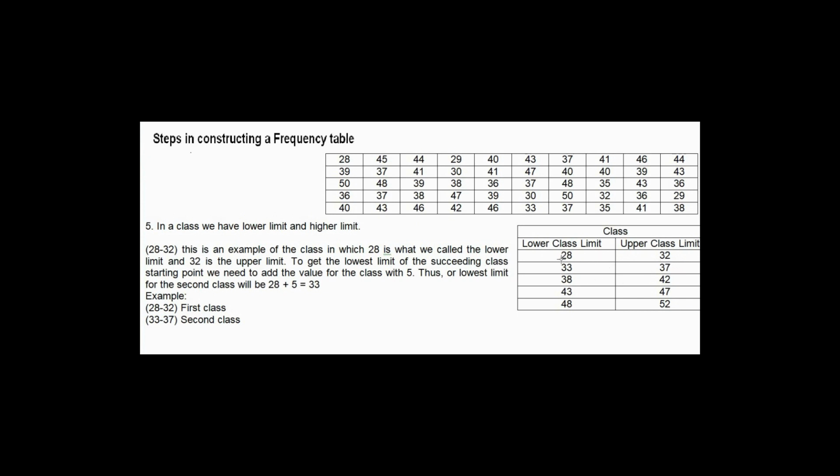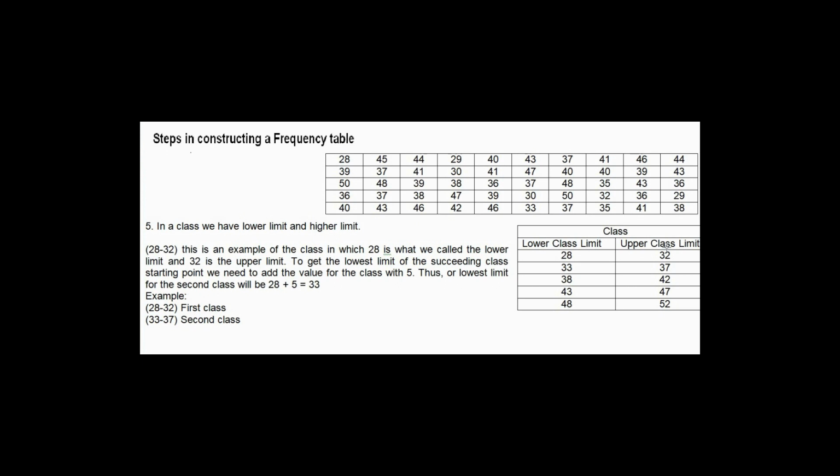You might have to include data in this group and you might also include data in the other group. So that's why when choosing the starting point of the upper class limit, make sure to deduct 1 from the next class lower limit. That's why we've derived 32 as our starting point.